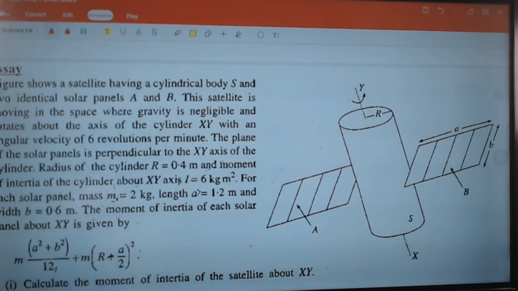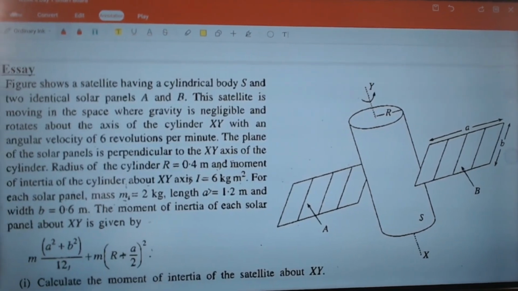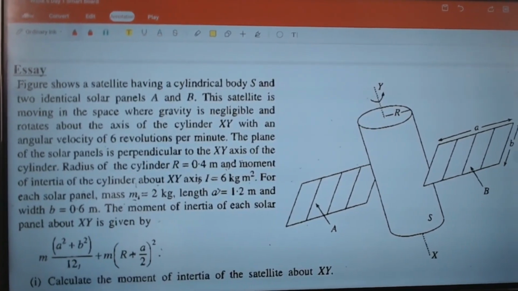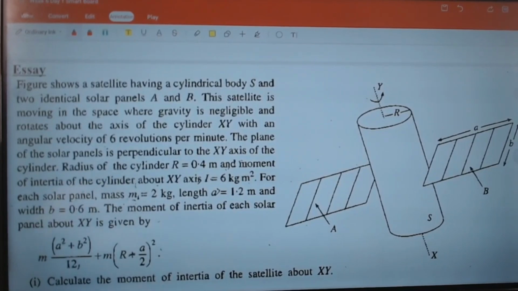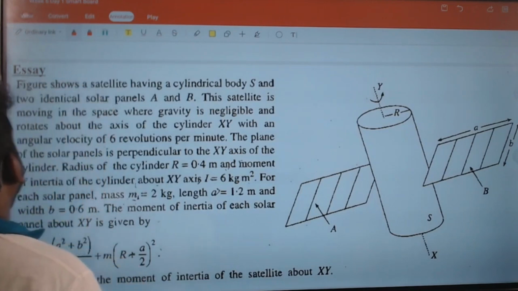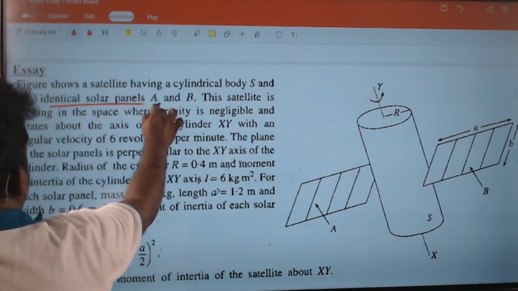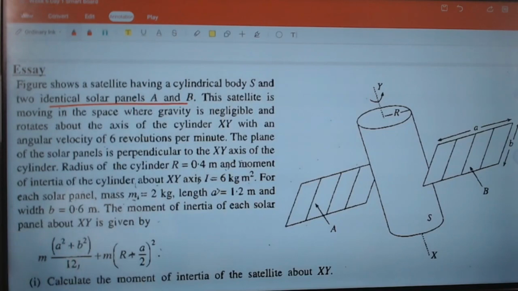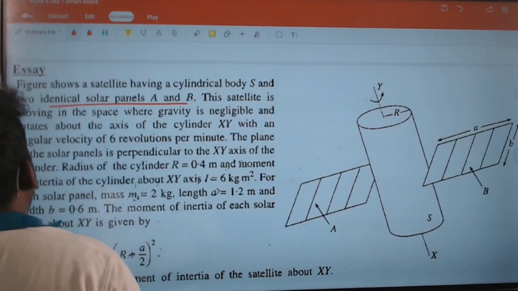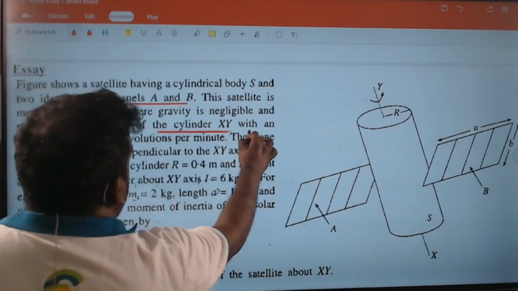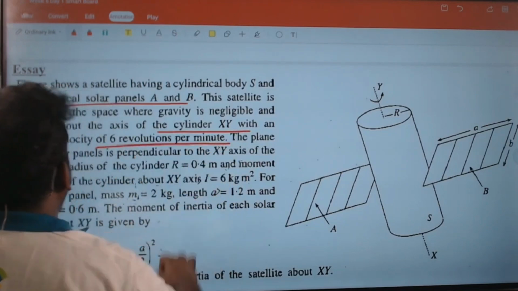Here, the figure shows a satellite having a cylindrical body S and two identical panels A and B. This satellite is moving in space where gravity is negligible and rotates about the cylinder XY axis with 6 revolutions per minute.